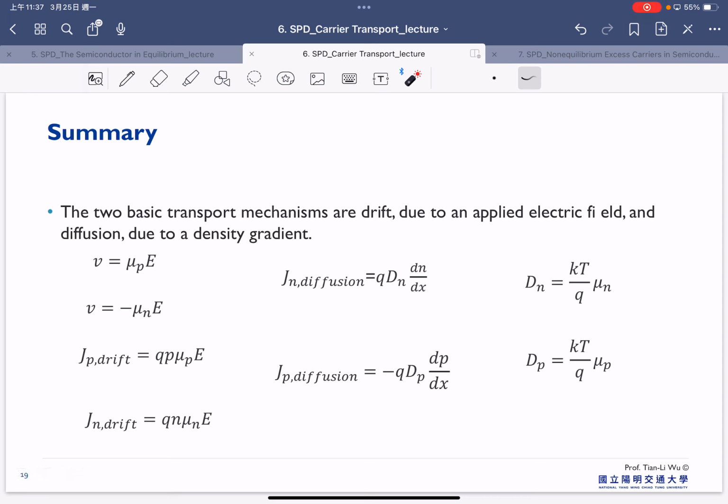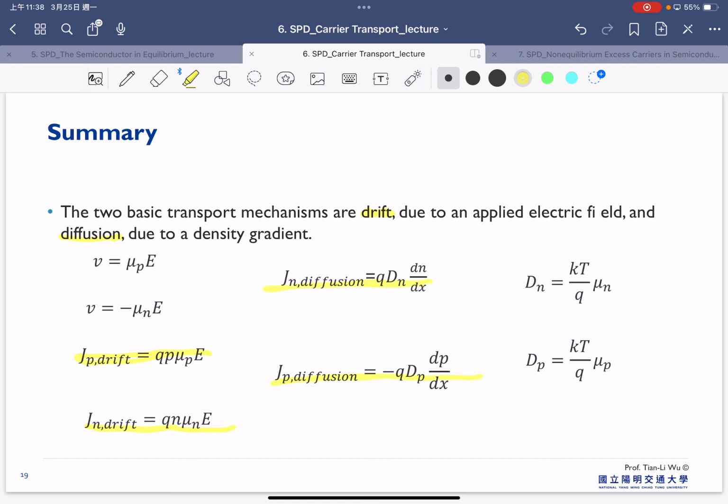We have introduced two basic transport mechanisms: drift, due to the applied electric field, and diffusion, due to the concentration gradient here. And here are all the equations we have mentioned. Of course, I think the most important ones are this one, this one, and this one.